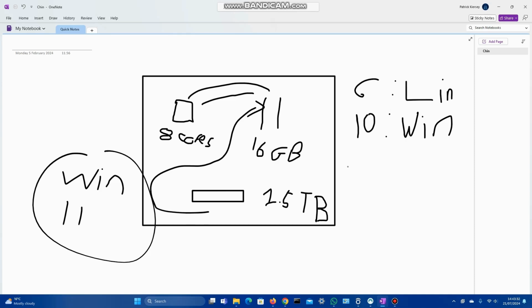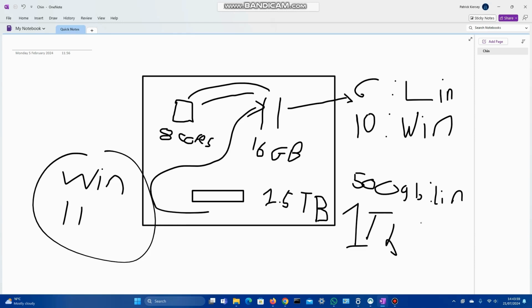So I could have maybe 500 gigabytes dedicated to Linux, for illustration purposes. So that's 500 gigabytes for Lin. And that will leave us with 1 terabyte for Win.